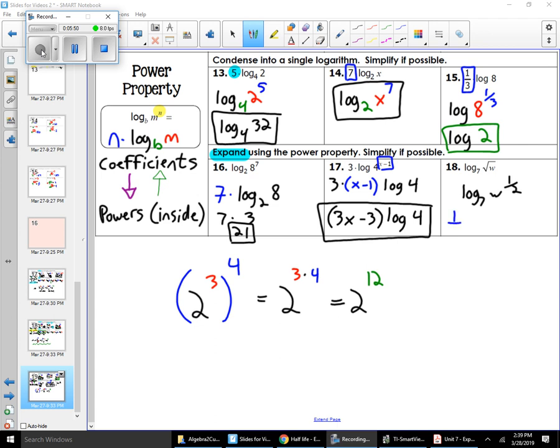That 1/2 comes out front. We're left with log base 7 of w. Again, that's not something that'll show up on a test or, God forbid, on the final. But it is nice to be able to see that these same properties work even when we're playing around with radicals. 15 was another example of that 8 to the 1/3 power becoming a 2.